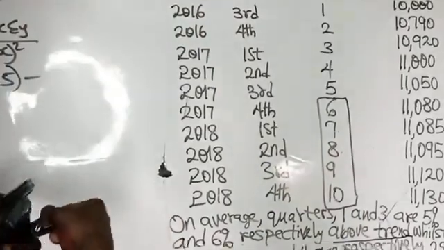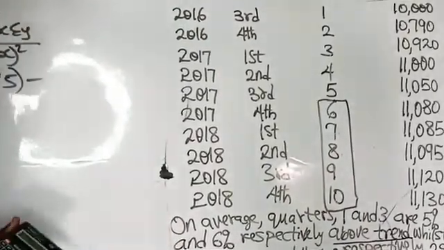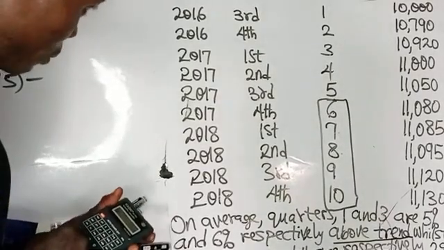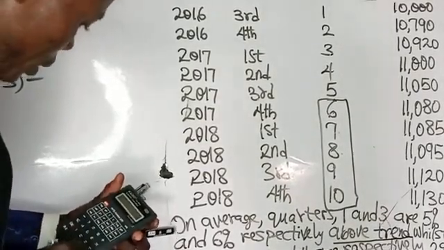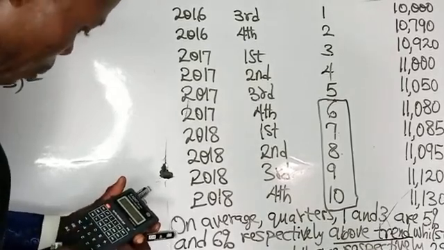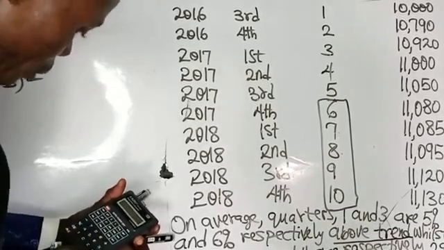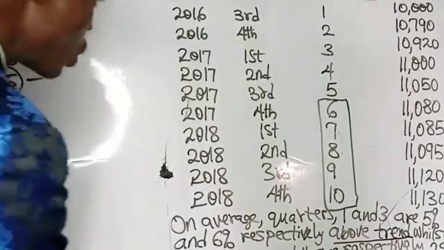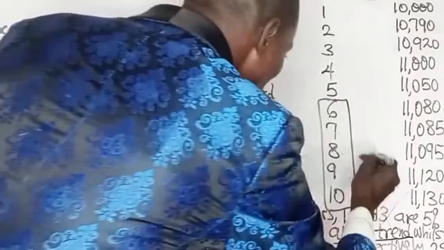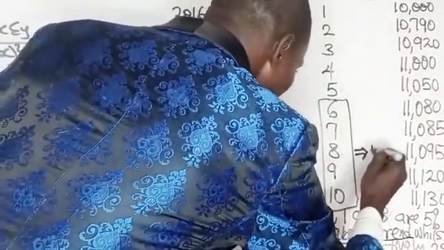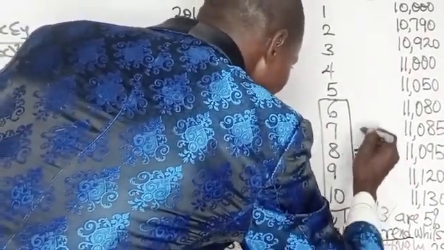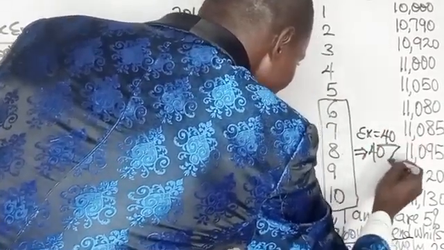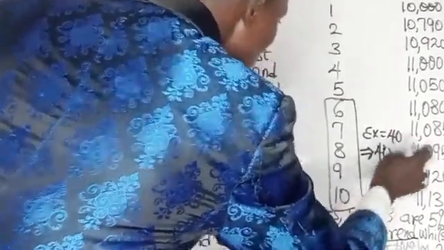Now let's sum it up: 6 plus 7 plus 8 plus 9 plus 10. We have 40. So summation x equals 40. Please take note of that.